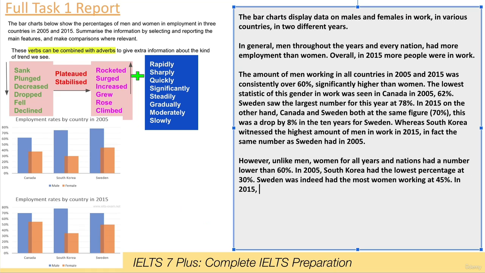In 2015, South Korea is still, or was, sorry, was still holding the smallest number. And let's use a bracket. 35%.